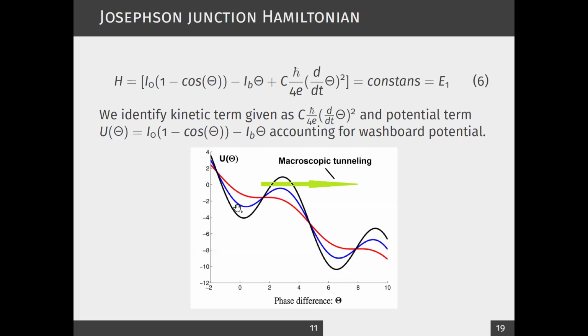So this is the washboard potential that exists in the literature, and we need now to think how to quantize it, or if there is a possibility of quantization of such a system.